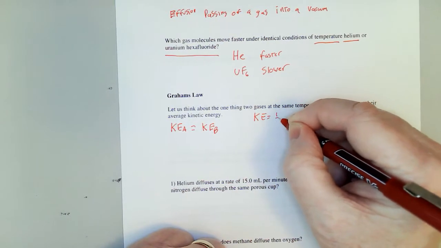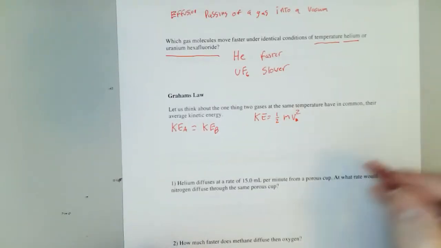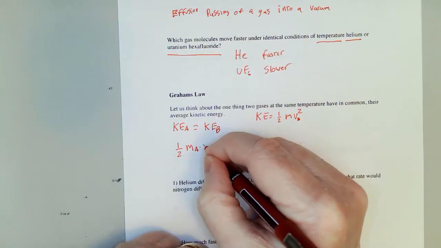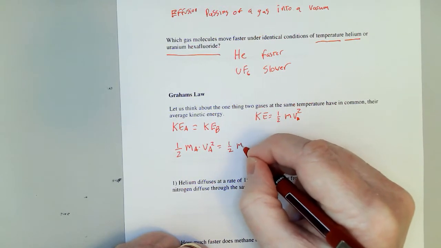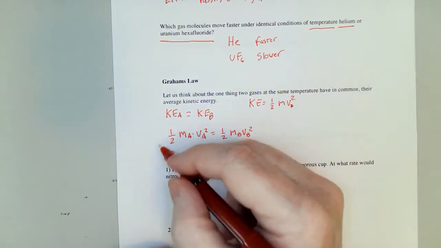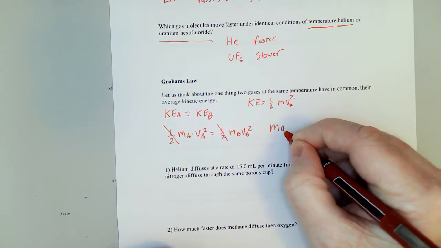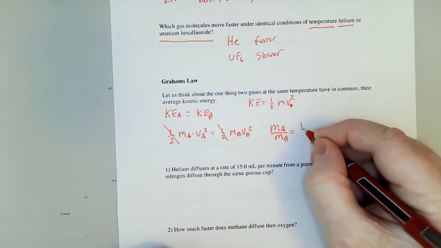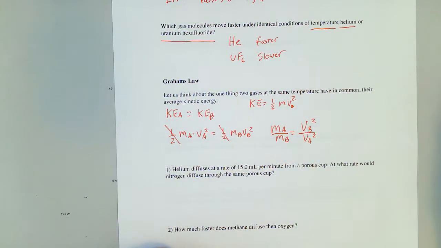If kinetic energy is equal to 1/2 the mass of the gas times the velocity squared, we can say that 1/2 the molar mass of gas A times the velocity of gas A squared is equal to 1/2 the molar mass of gas B times the velocity of gas B squared. The 1/2s will cancel, and doing a little bit of algebra, the molar mass of A divided by the molar mass of B is going to equal the velocity of gas B squared over the velocity of gas A squared.